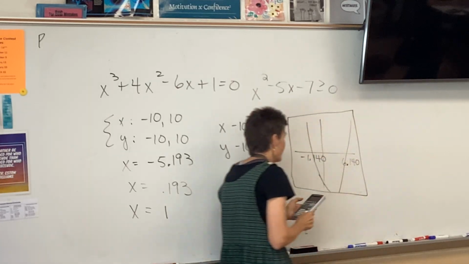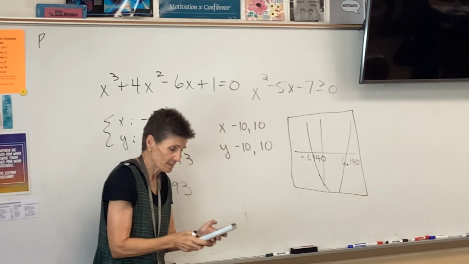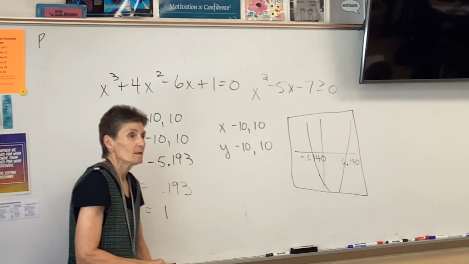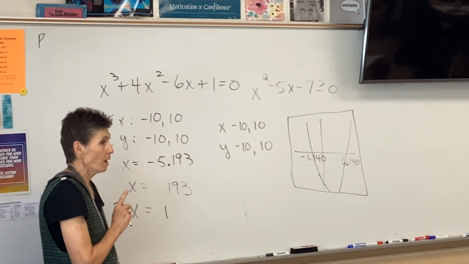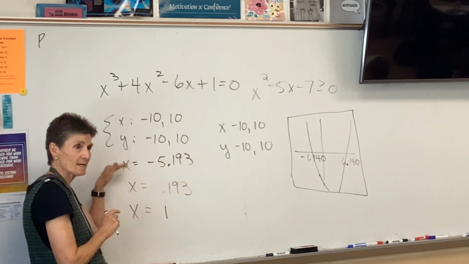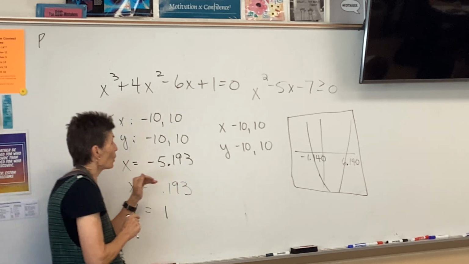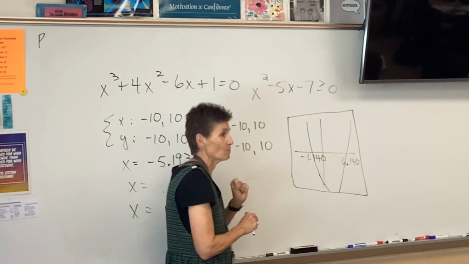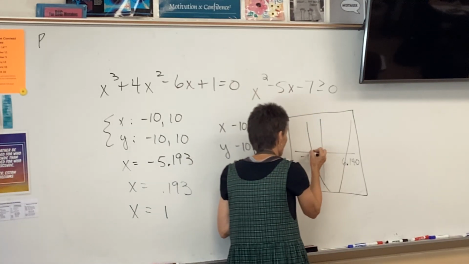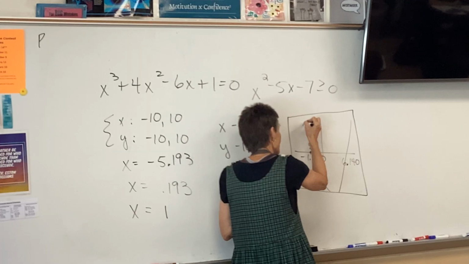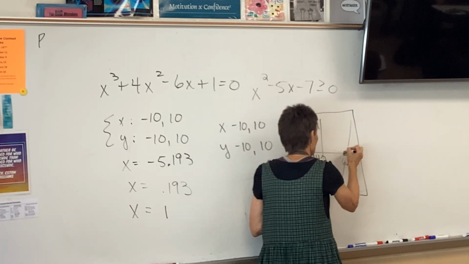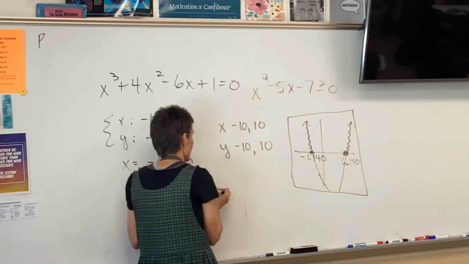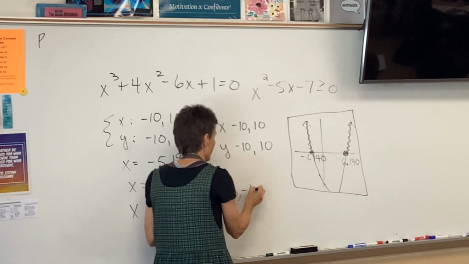Now, the other big difference is that it's an inequality. So we aren't going to answer like this. Where is that curve bigger than or equal to 0? Wouldn't that be all of this and all of this? So our answer will be an interval.